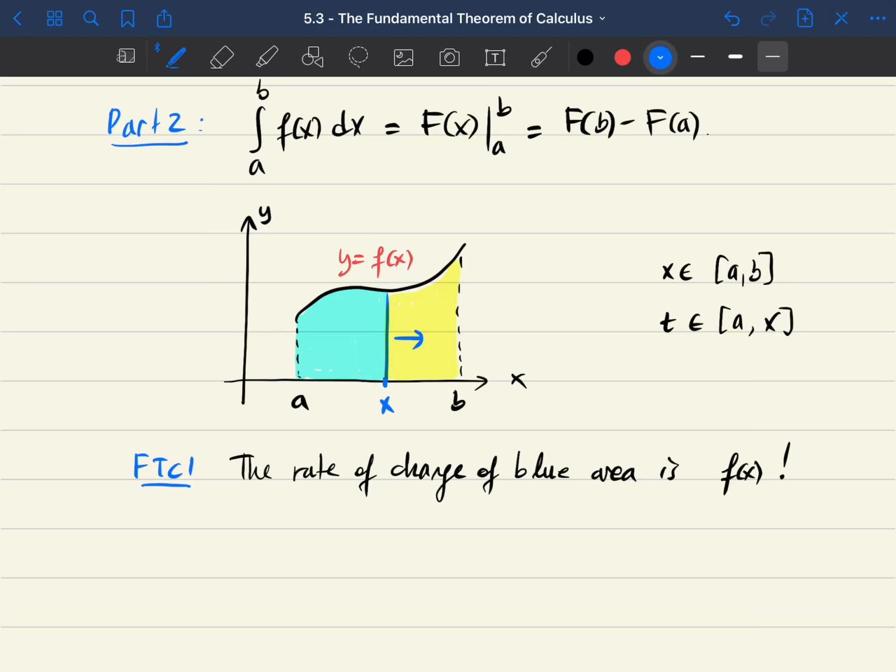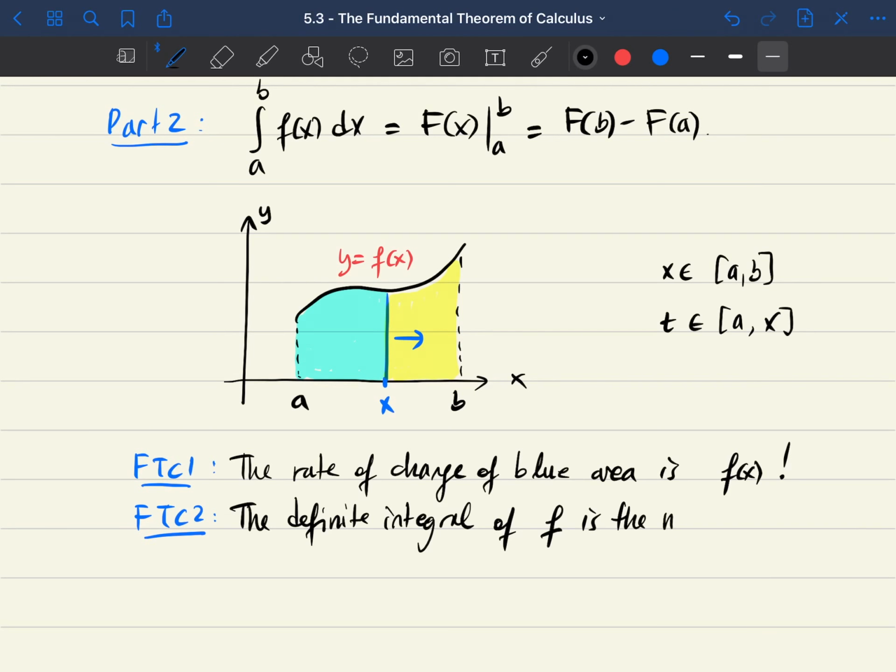Okay, and FTC2, the second part, says that the definite integral of little f is the net change of the antiderivative capital F.